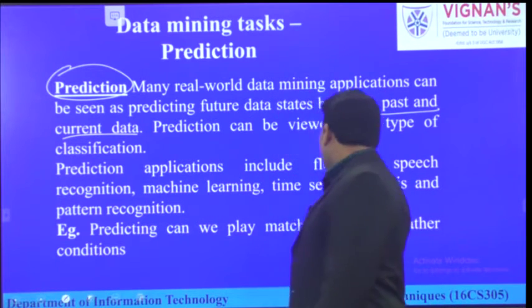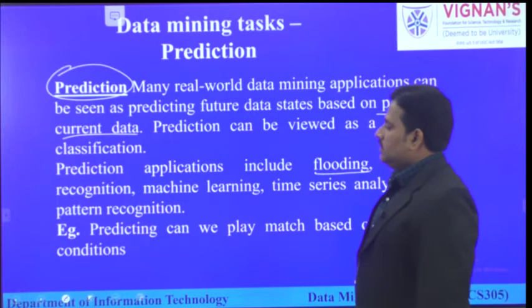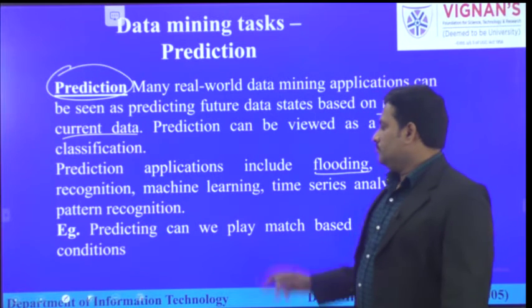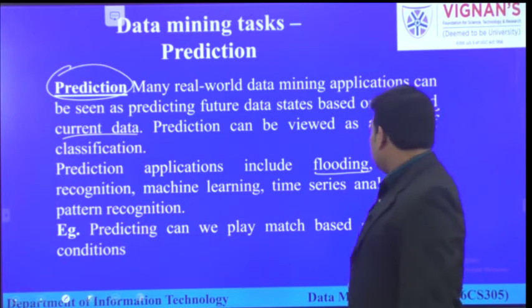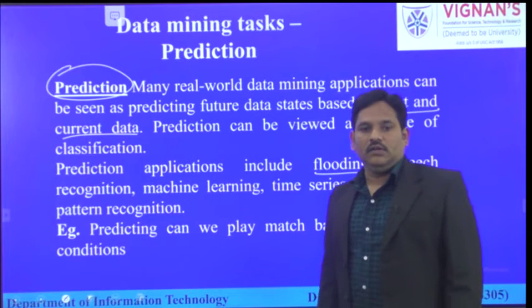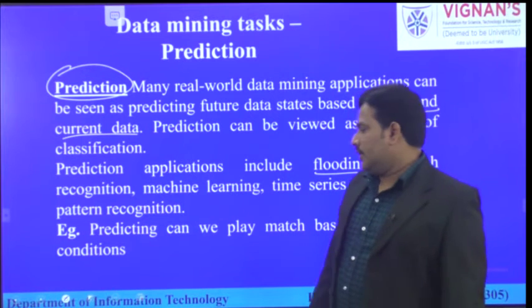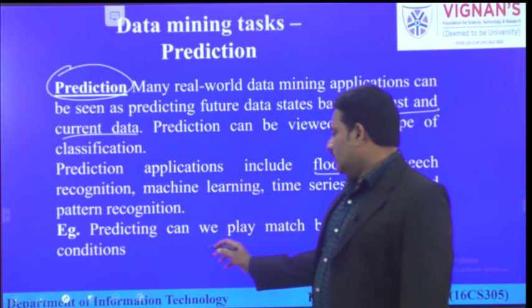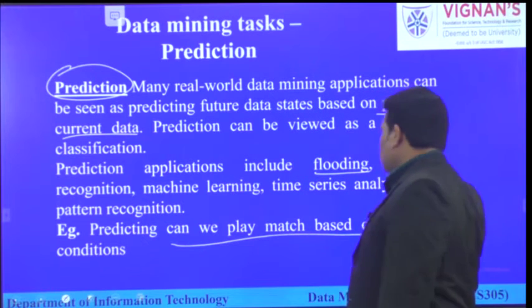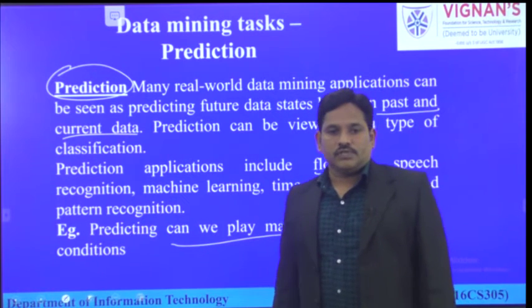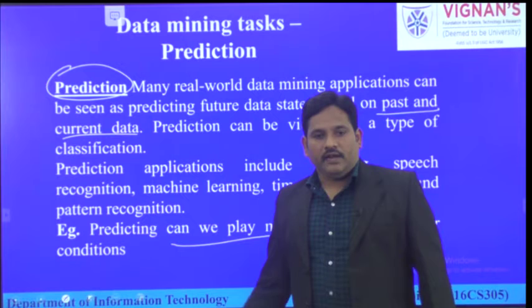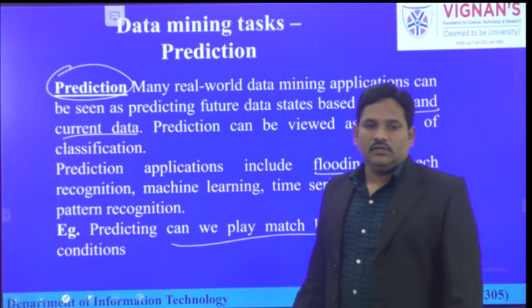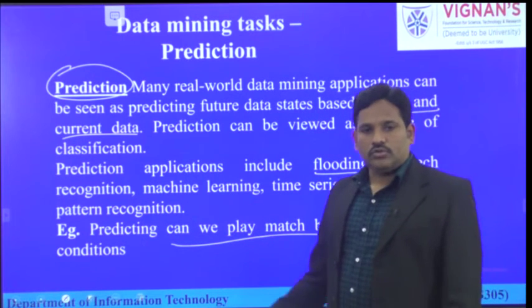Prediction applications include flooding, speech recognition, machine learning techniques, time series analysis and pattern recognition. For example, can we play a match based on weather conditions like rainfall, humidity, and dew in the court?